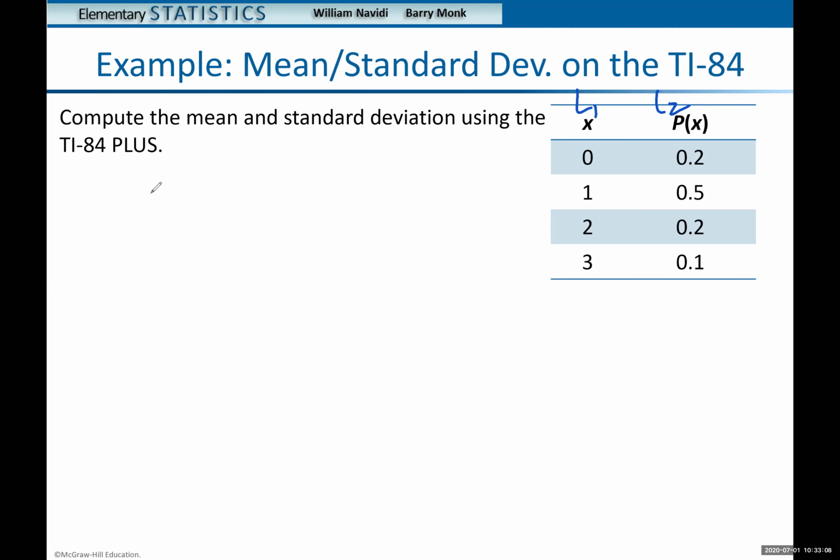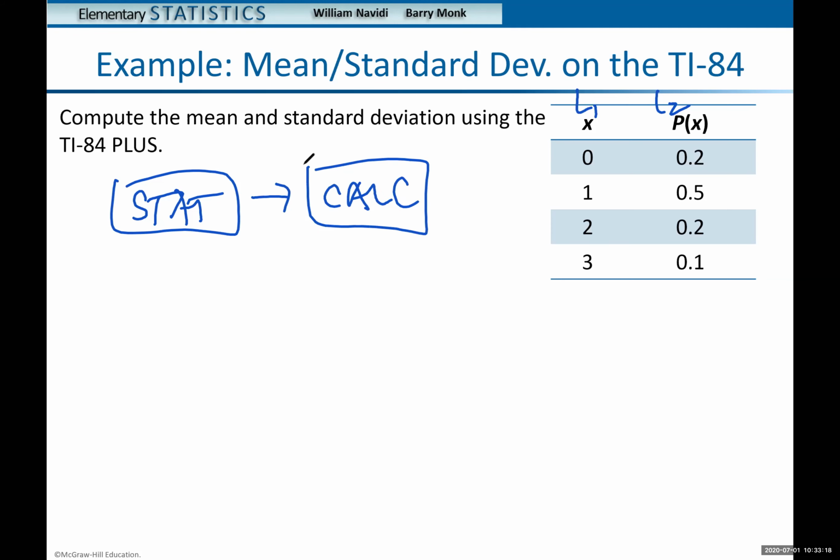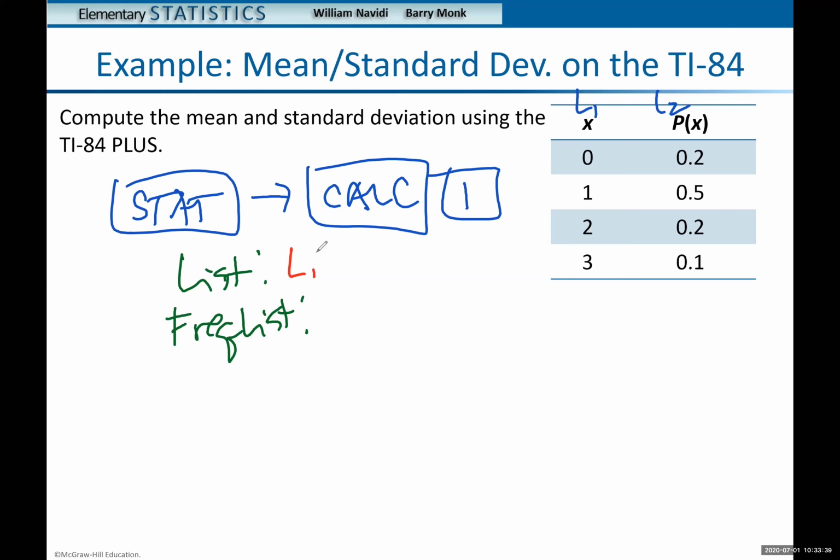So try this tab, the right calc, and then here you'll see, the default is you have L1 here and you don't have anything here, but this time you have to make sure that this is L2.